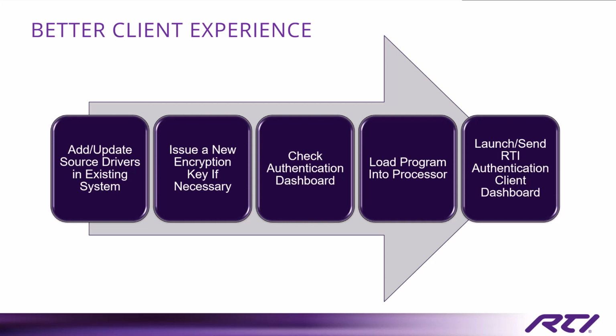Next, we'll check the processor authentication dashboard if authentication is needed, and if so, load the processor file from Integration Designer onto that XP processor. Finally, we'll launch or send the client the URL from the authentication dashboard and have them enter in and set up those sources with the proper credentials.